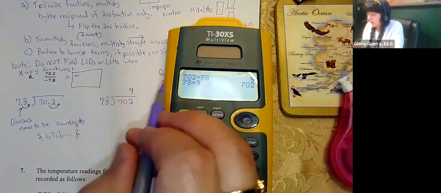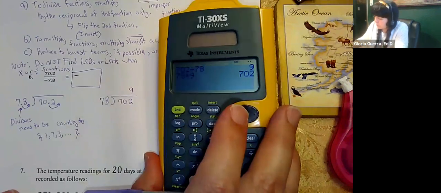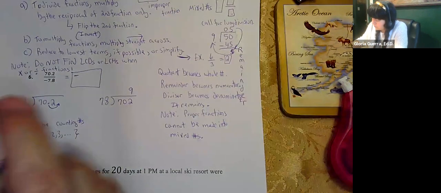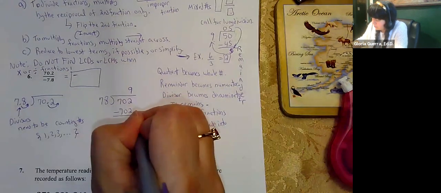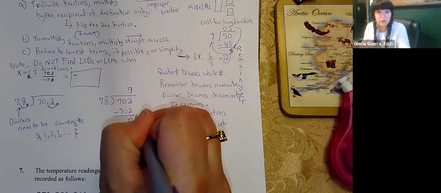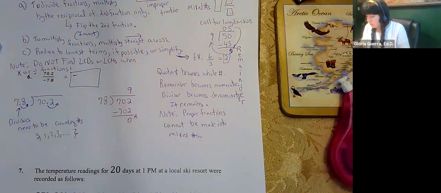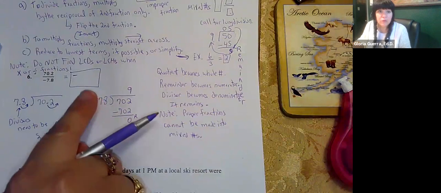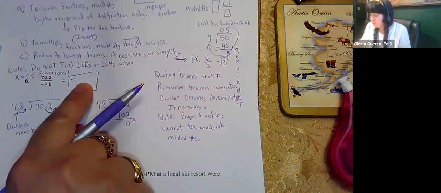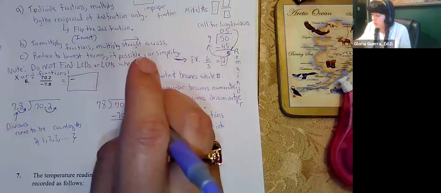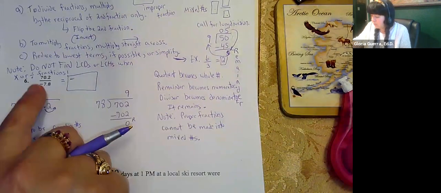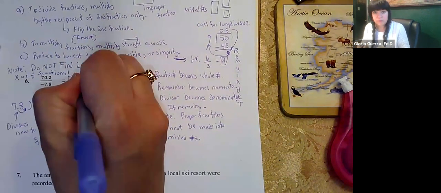So 78 times 9 is 702. So you want to finish that off. Don't leave it hanging there. And the remainder, the R for remainder, is 0. So don't forget right here, don't forget it's a negative. Sometimes students will put a 9 in the computer. Don't forget it's a -9.